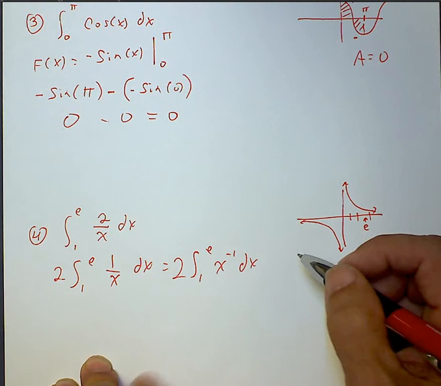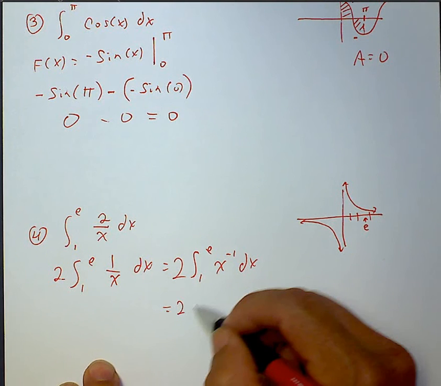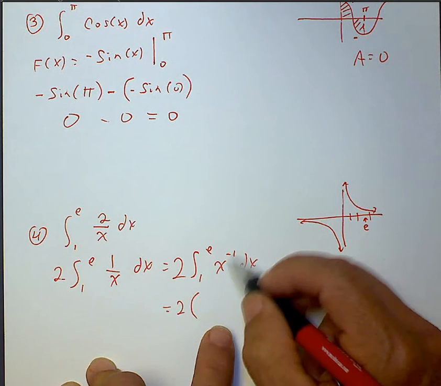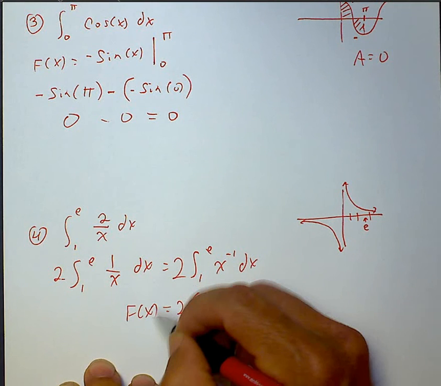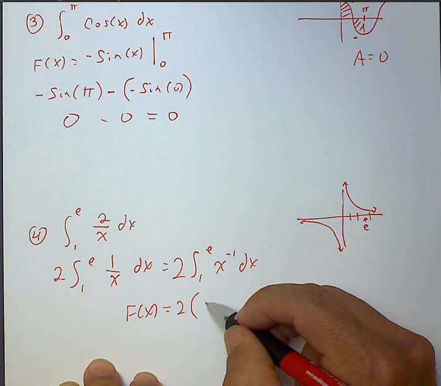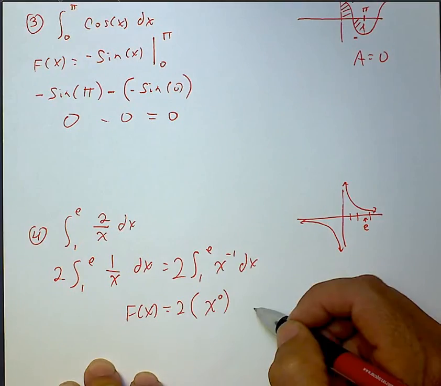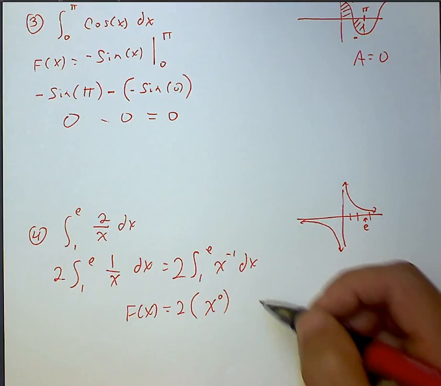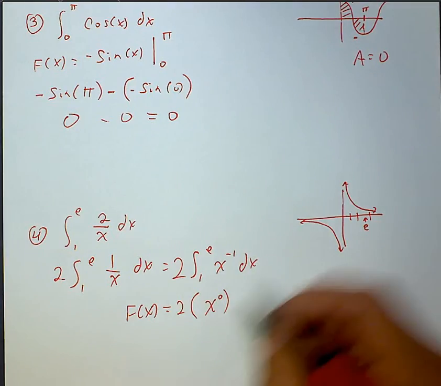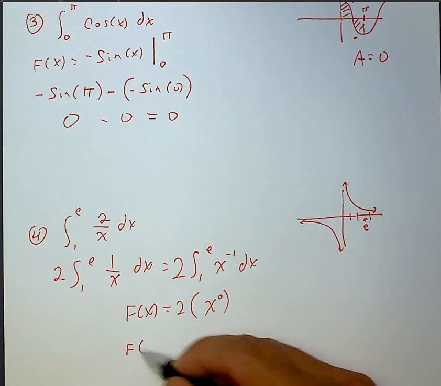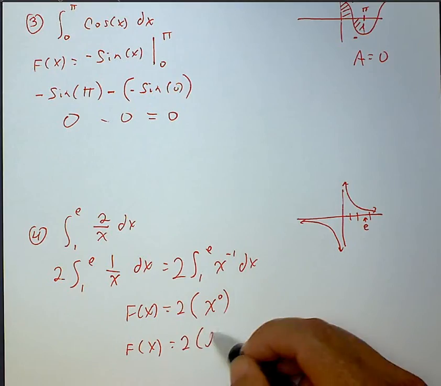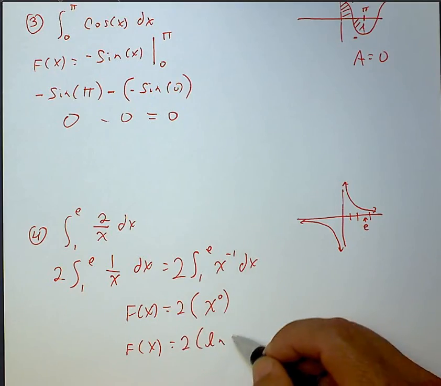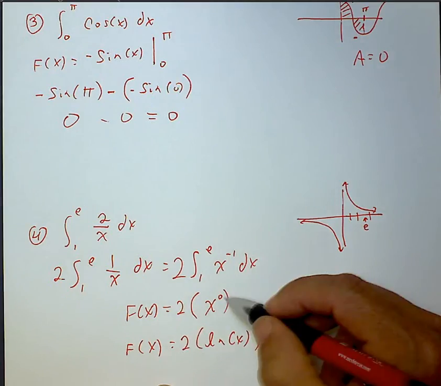If I integrate that, I'm going to get 2 times, well, the integral of that is going to be x to the 0. Don't know if I told you or not, but anytime you want a 0 exponent, that means you have a natural log function.